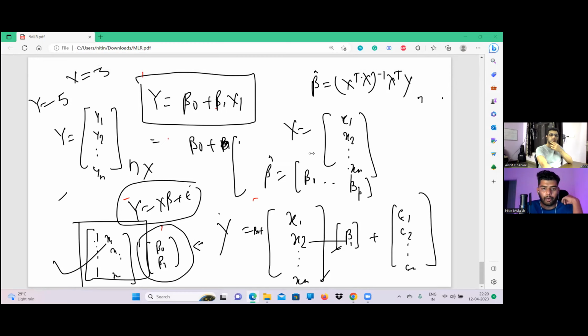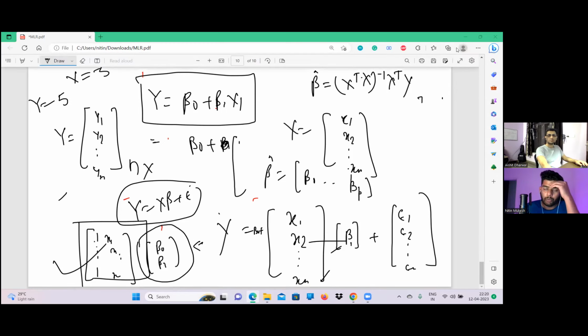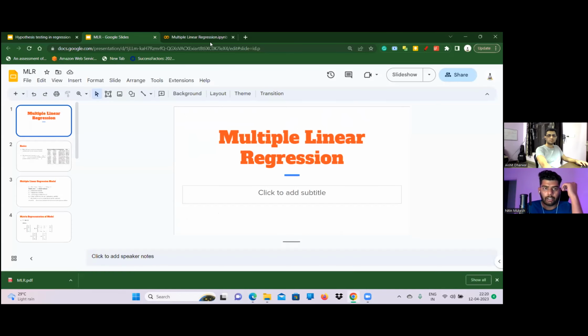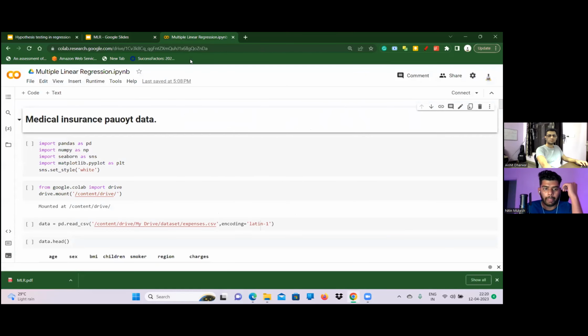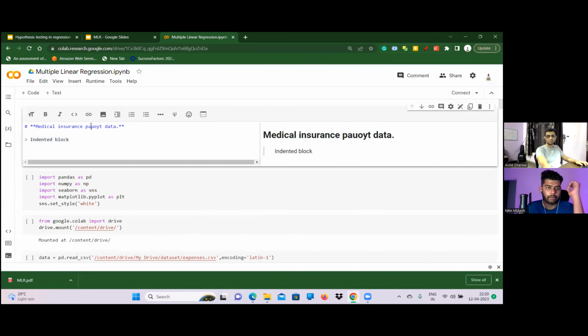So okay, now once we have this, we can move to the practical section. Here I have taken a medical insurance payout data, like I told you. So just 1 minute.